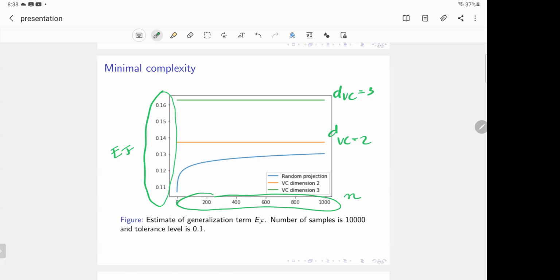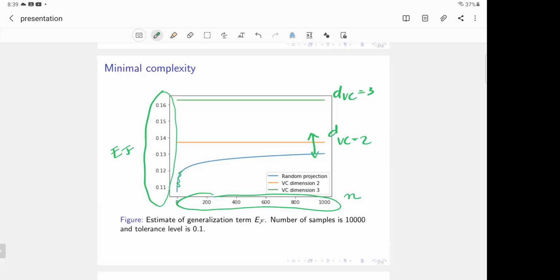As we can see, it has a steep growth in the beginning, but it flattens out. And for n less than 1,000, we can see that there is a gap in between the estimate for the generalization term for the random projection and for the algorithm with VC dimension equal to 2, where I would like to mention that VC dimension equal to 2 corresponds to a very simple algorithm.